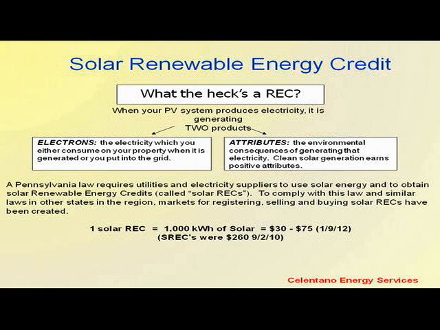They are credited with renewable energy credits for each megawatt hour of electricity that they produce. This is sold separately from the electricity. It's an extra amount of money, an extra payment that they can receive.